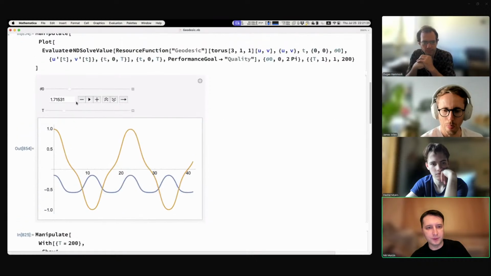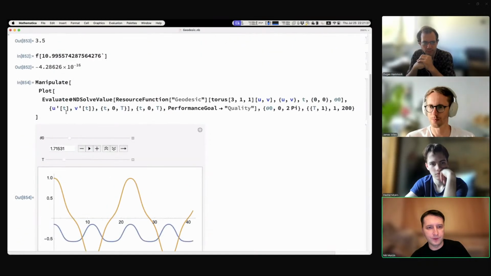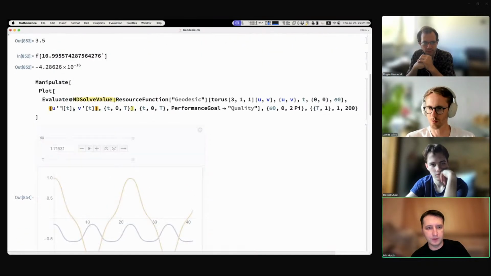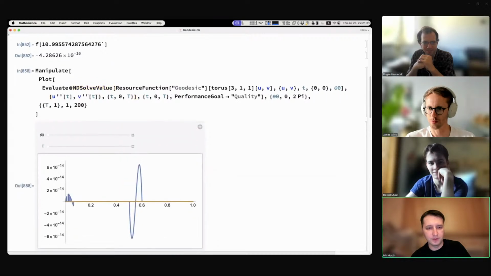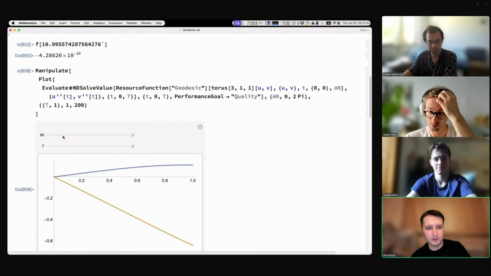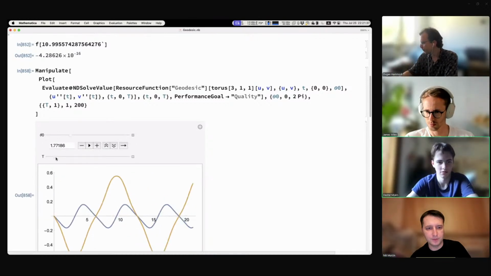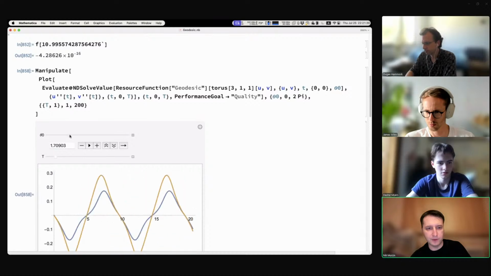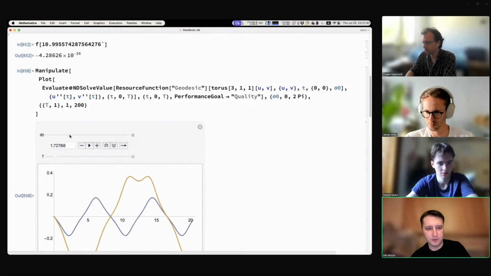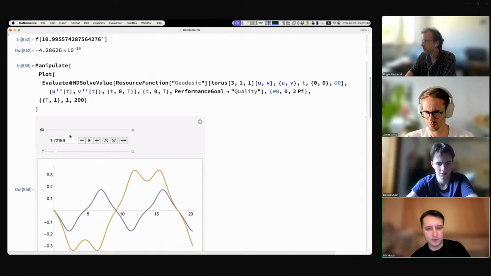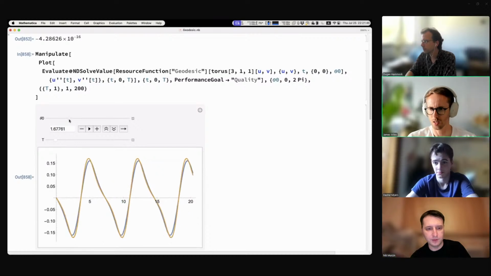What if we plot the double one? This one. So what happens? Maybe it's more obvious. Not really. Extend T a little bit more.